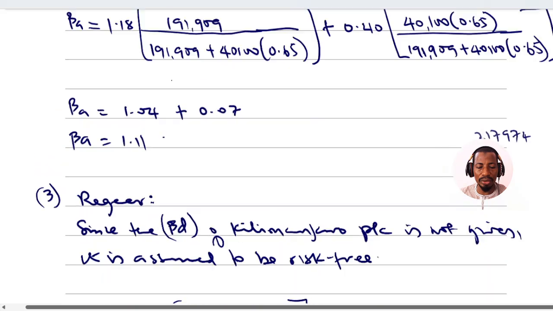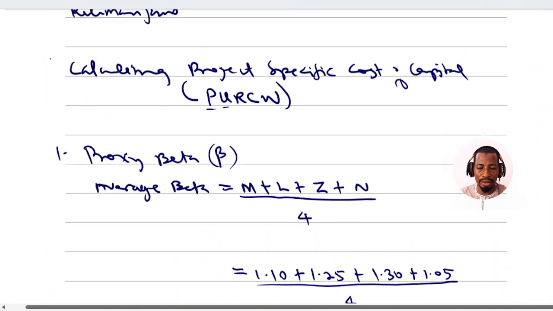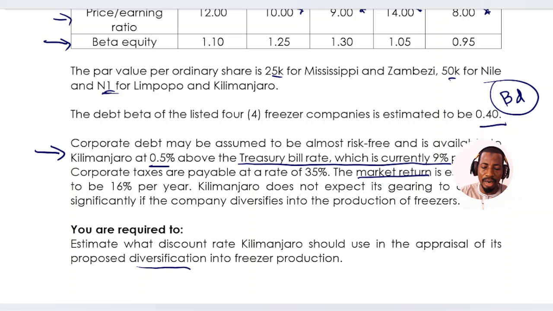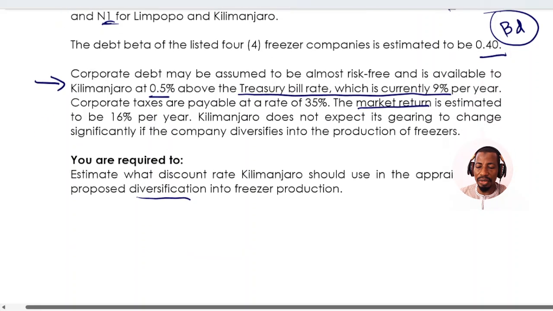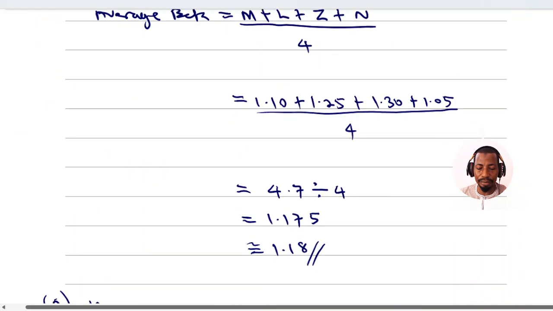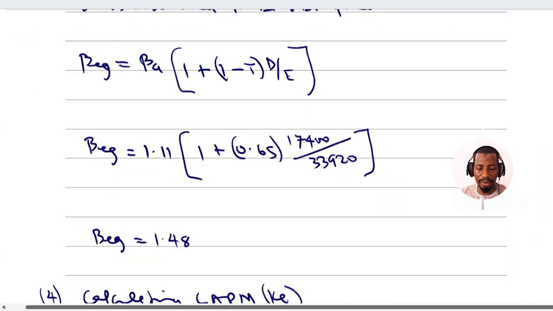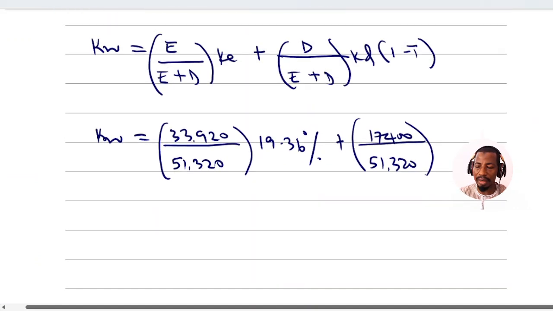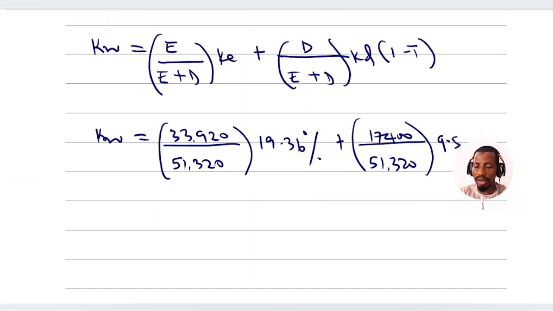According to the question, corporate debt is assumed to be almost risk-free and is available to Kilimanjaro at 0.5% above the risk-free rate of return of 9%. So 0.5% plus 9 will give us 9.5. So I would then say multiply by 9.5%, multiplied by 1 minus tax, 0.65.